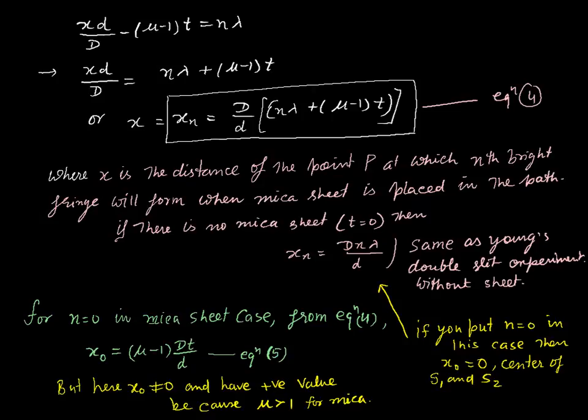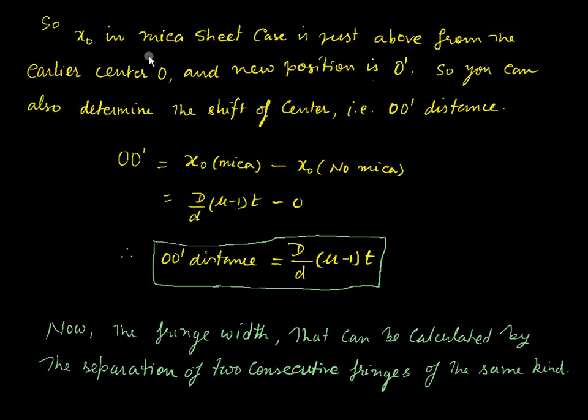When we place the mica sheet, our central spot shifts in the upward direction. So x naught in the mica sheet case is just above the earlier center O, and the new position is O prime. So you can also determine how much the center is shifted with the help of O prime.